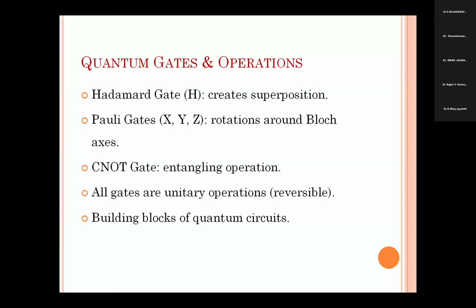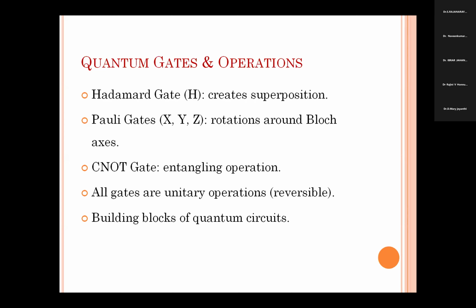Then quantum gates and operations. The Hadamard gate creates the superposition value. Pauli gates are used for rotation around the Bloch axes, the X, Y and Z axes. The CNOT gate performs entangling operations.